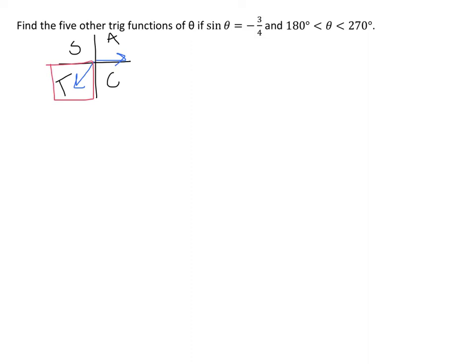To start this problem, we'll use the Pythagorean identity. Sine squared of theta plus cosine squared of theta equals 1. I replace sine of theta with -3/4, and I square it. Cosine squared of theta stays the same, as does the part where it equals 1. When I square -3/4, I get 9/16.